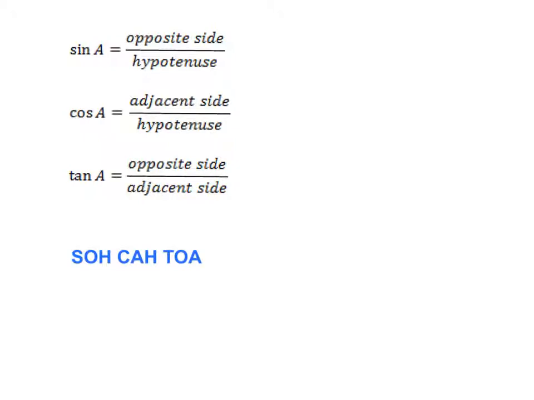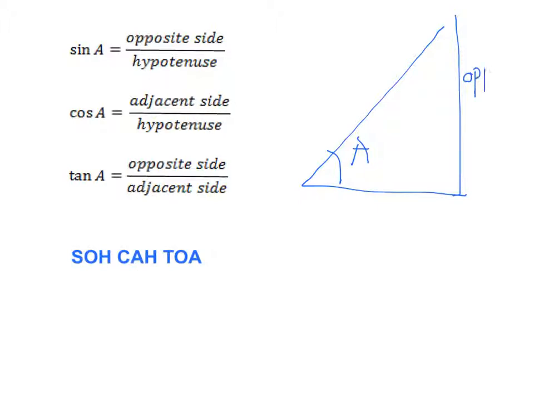So here are all of the trigonometric ratios. So if we have our right triangle and we say that this is angle A, then this is going to be the opposite side. This is going to be the adjacent side. And this is going to be the hypotenuse.